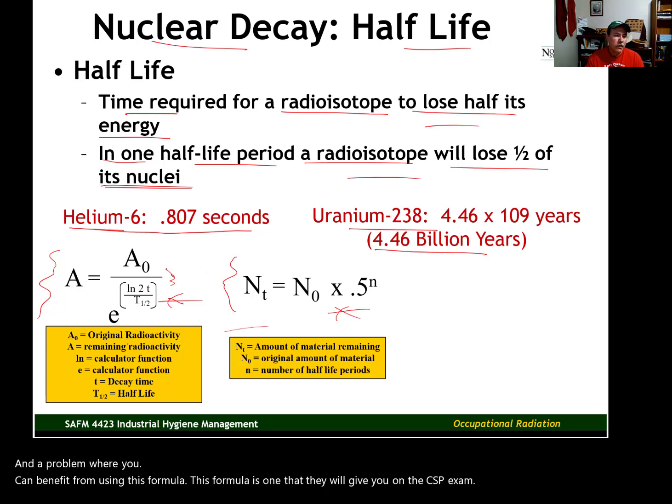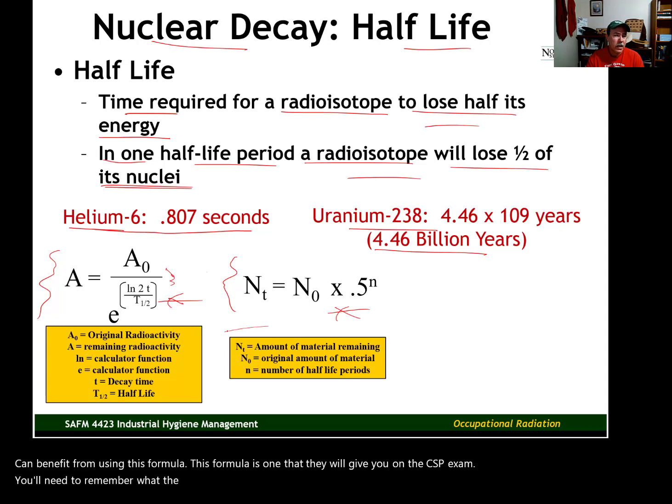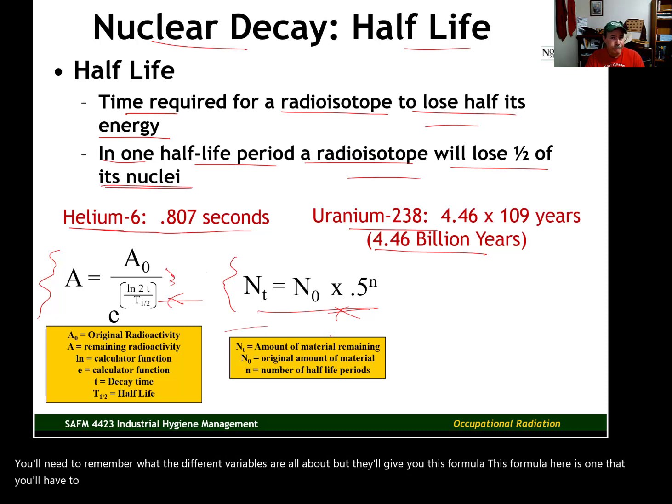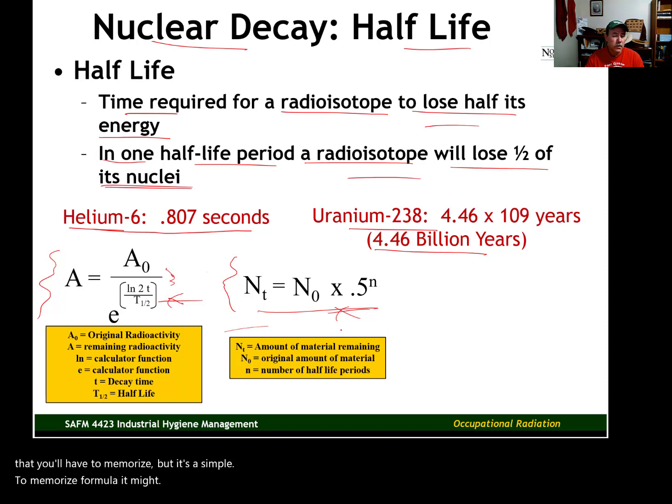You'll need to remember what the different variables are all about, but they'll give you this formula. This formula here is one that you'll have to memorize, but it's simple to memorize. It might really come in useful on the exam when you encounter certain types of half-life problems or problems related to radiation.